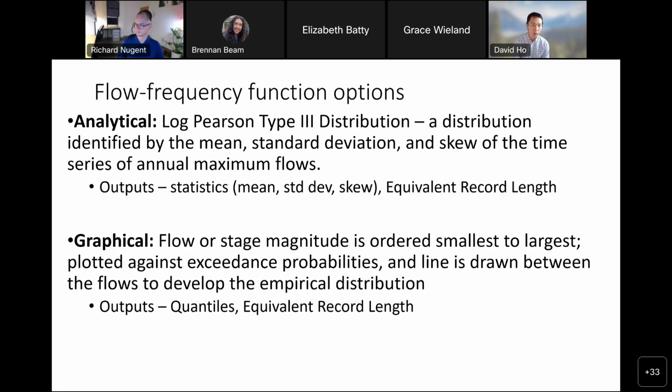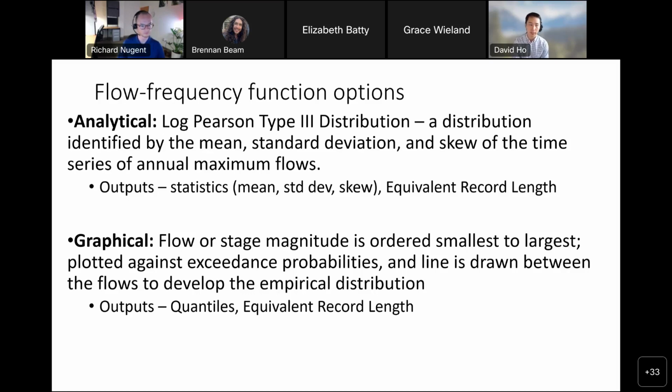So how long was the gauge data set that you had used to generate this curve? With a graphical curve, we're also taking annual maximum values. We order it from smallest to largest, plot it on a graph, then draw a line. The outputs for the graphical, and then the inputs into FDA, would be quantile flows. Quantiles meaning, for a given probability, what is that flow?